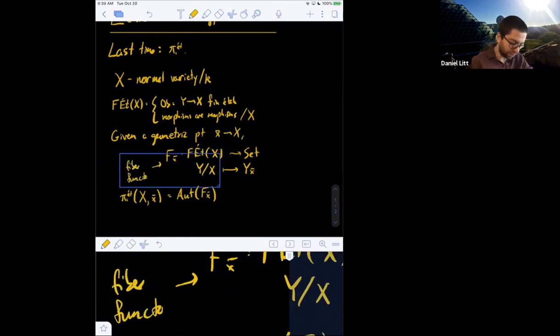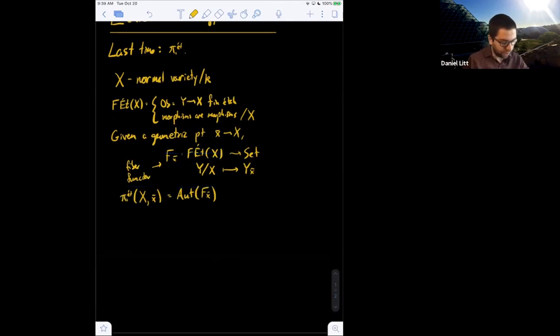And last time we talked about a couple examples. We talked about the case where X was Spec of a field, in which case this recovered the absolute Galois group. And this choice of geometric base point is the same in that setting as the choice of algebraic closure of your field.